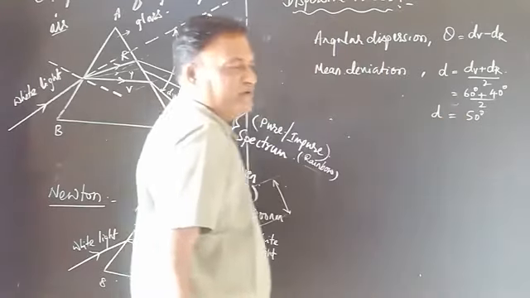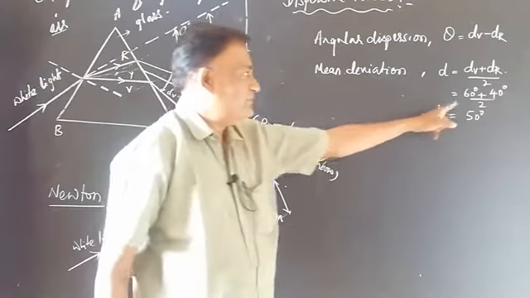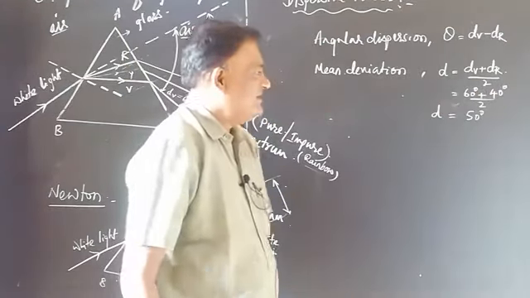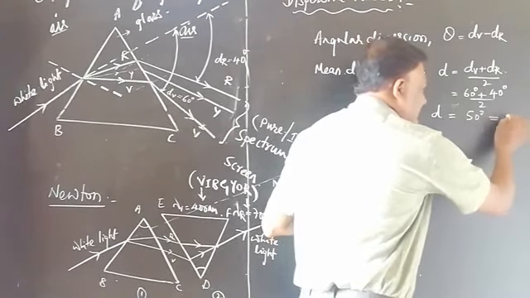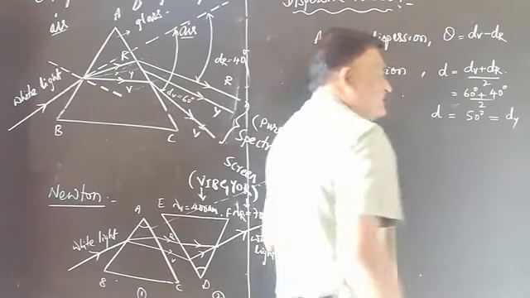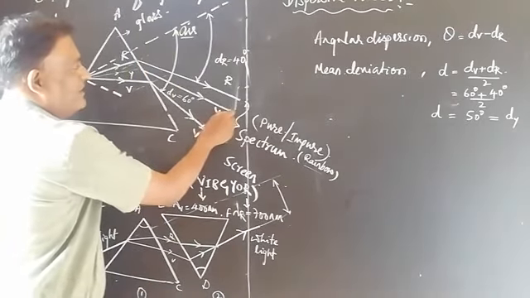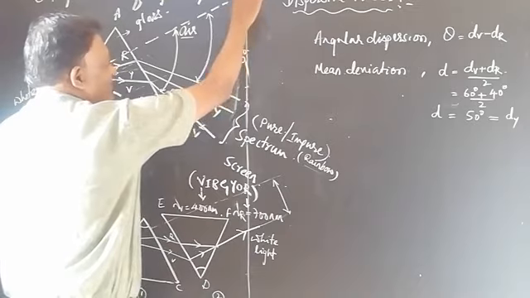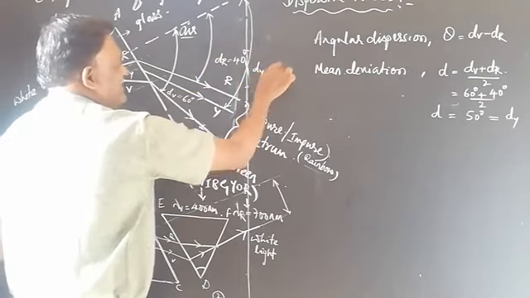So mean deviation is the mean of the deviation for a given pair of colors. Here the given pair of colors are violet and red. This mean deviation for violet and red is equal to the deviation for the yellow color. Angular deviation for yellow color, dy, is 50 degrees.